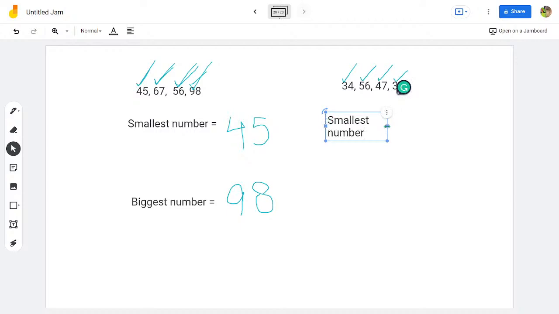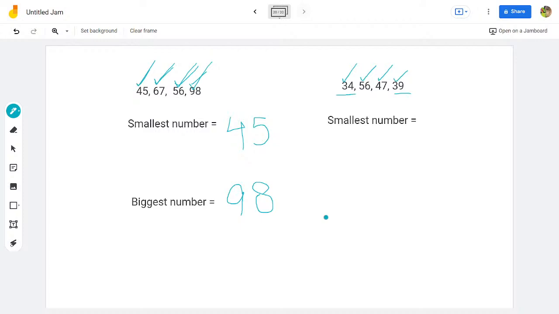For finding the smallest number, we would look at 3, 5, 4 and 3. Now as we know 5 and 4 are bigger than 3. But we have two numbers that have 3 in their tens column. So for now we will only compare these two numbers. We would compare the 34 and 39.